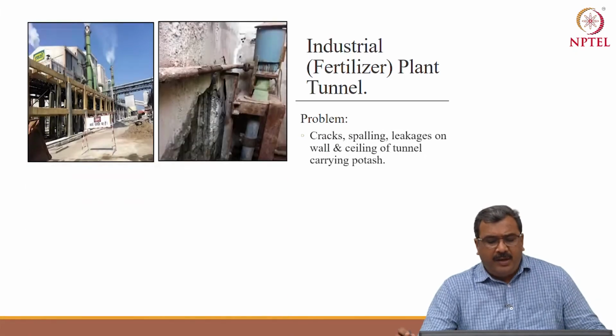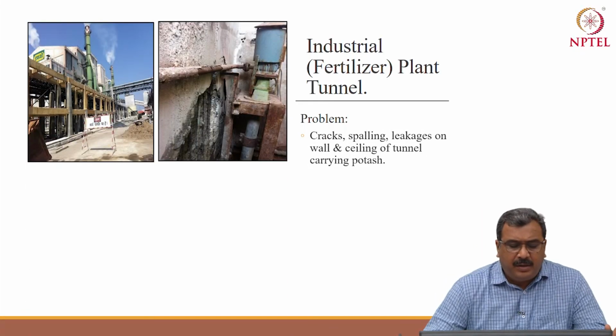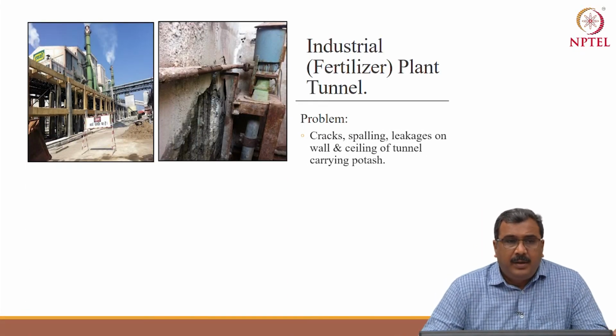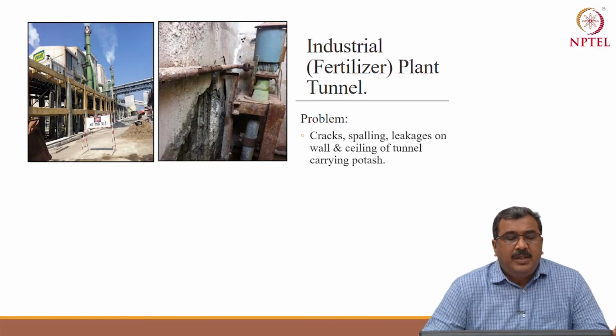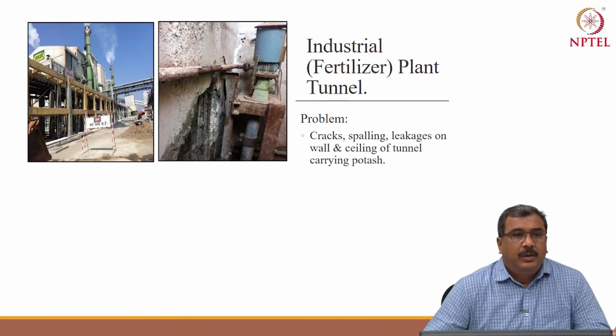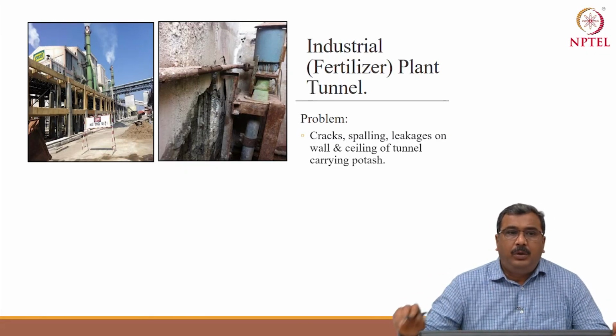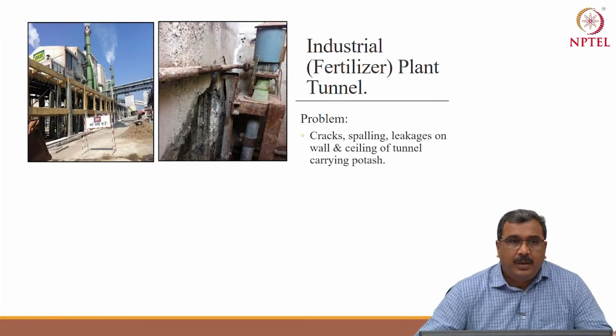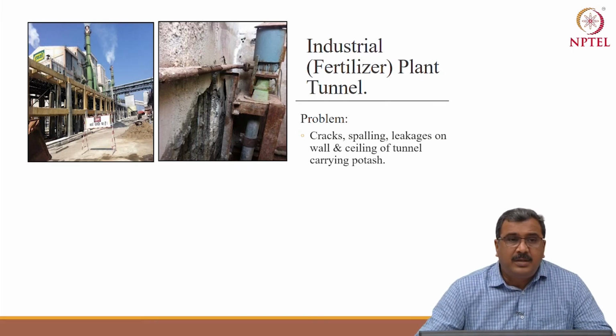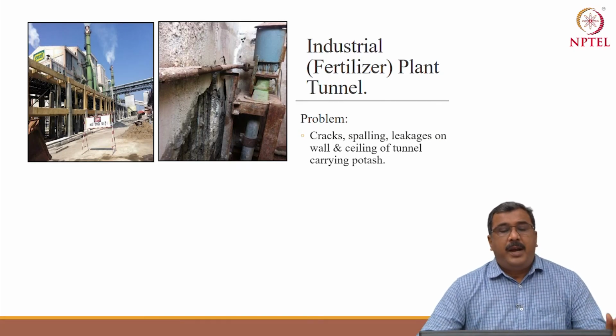In one of the fertilizer plants located near the seashore, there is a tunnel which is carrying potash from their bulk storage to the further process. The tunnel starts at ground level.